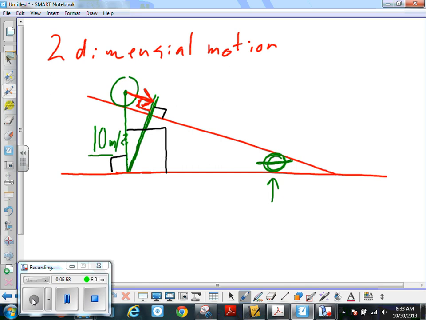Okay, and Andrew said that since this is a 90-degree triangle, this is complementary to this angle, and this angle then is complementary to that angle.